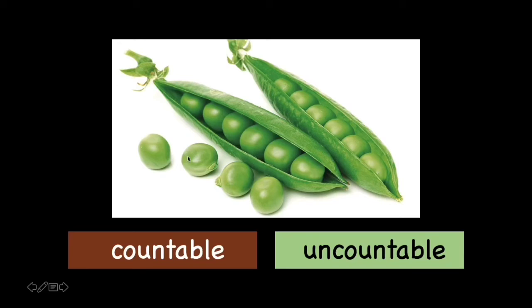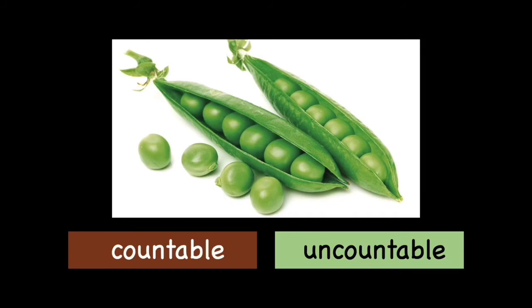Can you count the peas? Let's count together. 1, 2, 3, 4, 5, 6, 7, 8, 9, 10, 11, 12, 13, 14, 15, 16. Can you count? Yes, you can count the peas.